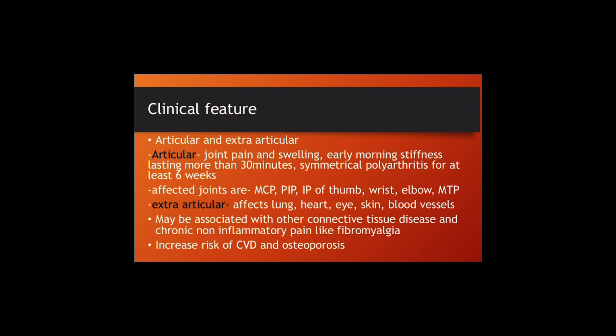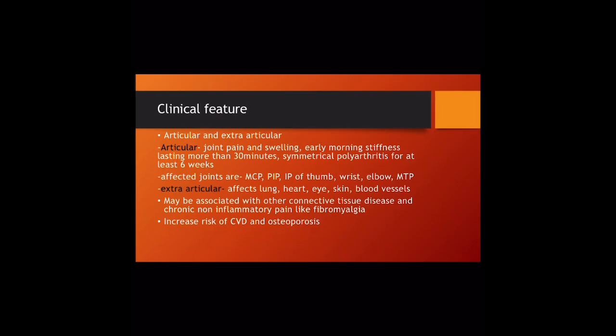Some patients with rheumatoid arthritis are also associated with other connective tissue diseases like fibromyalgia, polymyalgia rheumatica. What is important in rheumatoid arthritis? At the same time, the patient has increased risk of cardiovascular death and osteoporosis. So this is very important for us to screen them yearly.